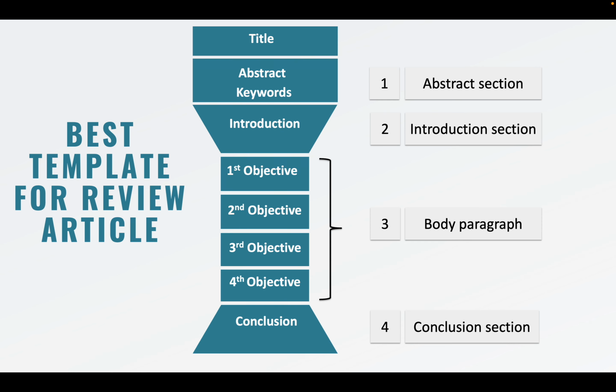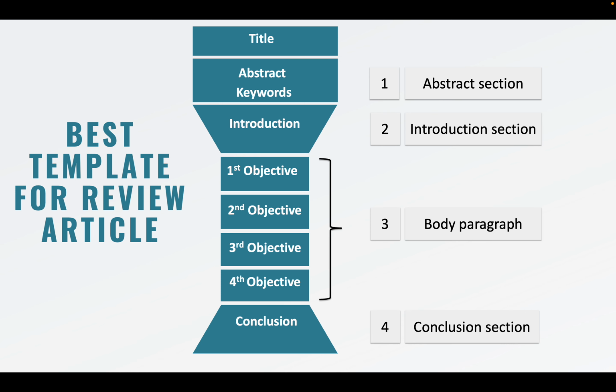The body paragraph is the most important one. The body paragraph in this template can be subdivided into 3, 4, or several objectives, or we can say subdivided into several subtopics.